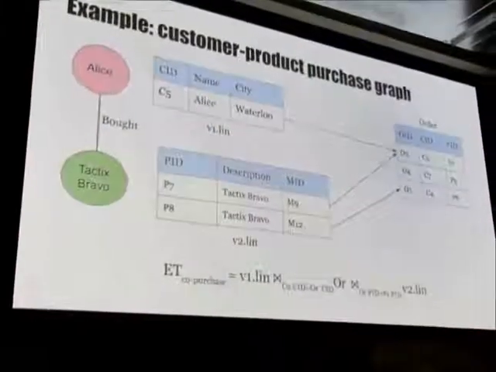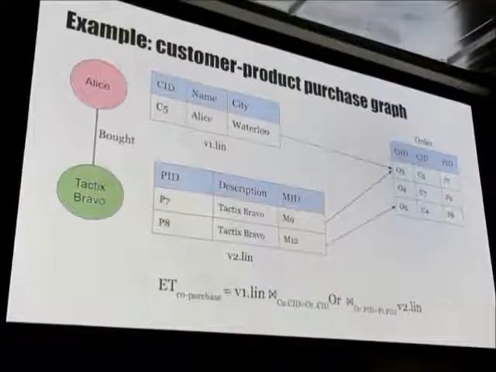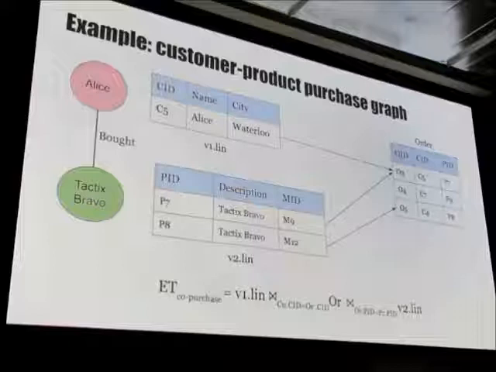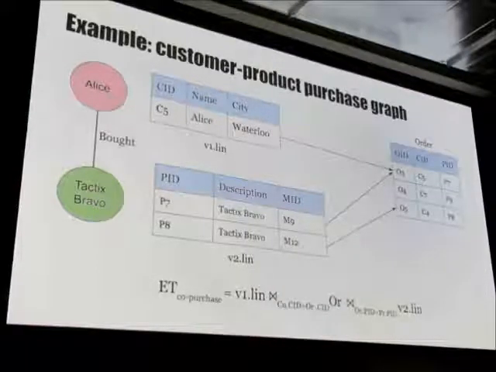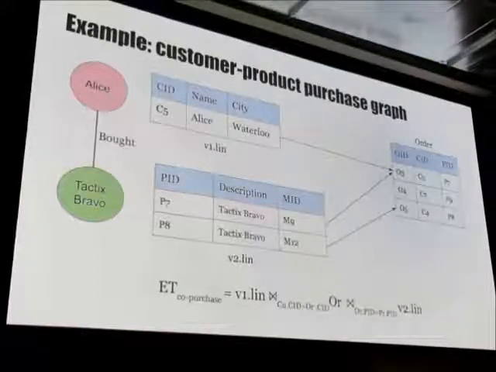And okay, this is a customer product purchase graph. Alice bought this product Bravo, and we have another table called order in our system that stores every purchase history with customer and product. So these two are the lineages, and that is the portion of the table.